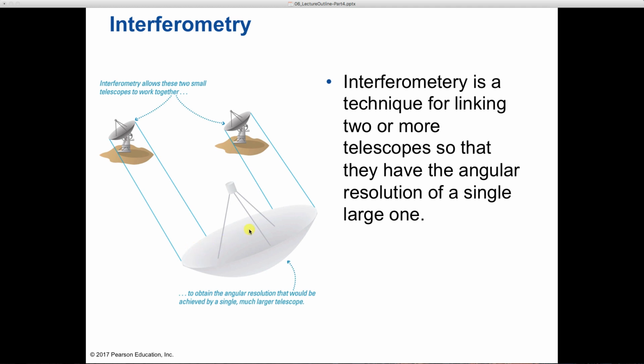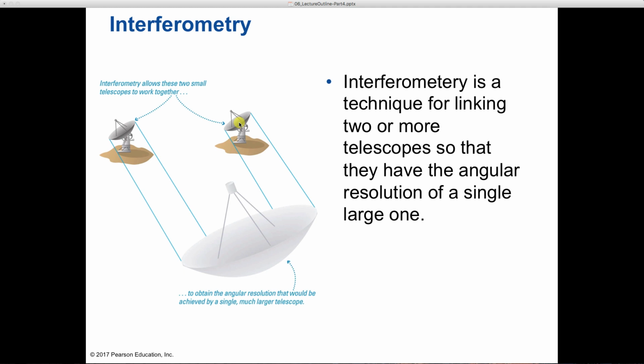Maybe we're ignoring the light that would have hit in here, so we don't have as bright of an image, but we still have the effect of having a very large size. We can effectively get light that would have hit here and here, but it's hitting these smaller telescopes instead.